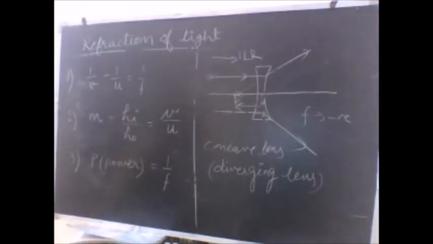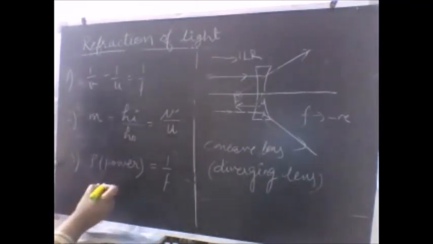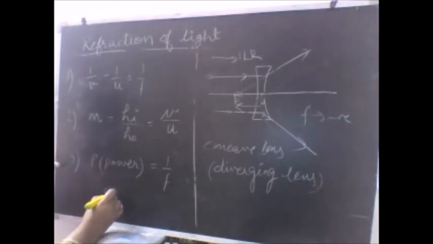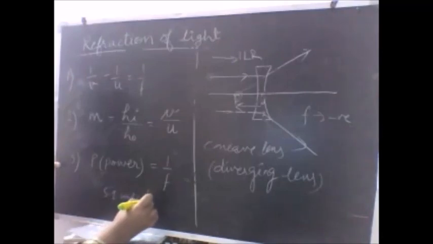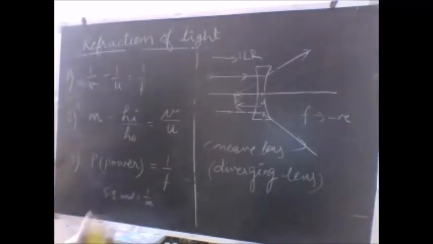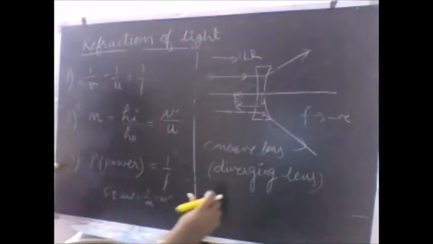And what is the SI unit of focal length? Since that is length, the SI unit of focal length is meters. So the SI unit of power should be either 1 by m, or meter inverse, or there is a new word that is coined for the SI unit of power, which is diopter.